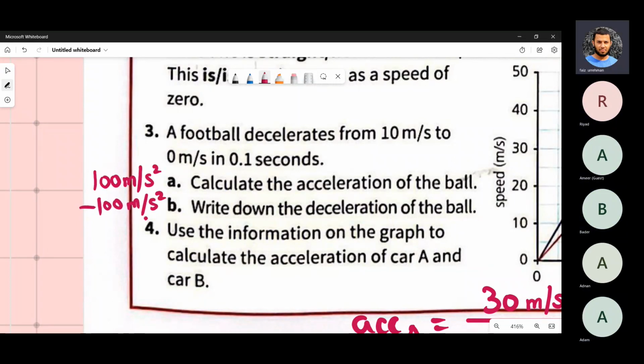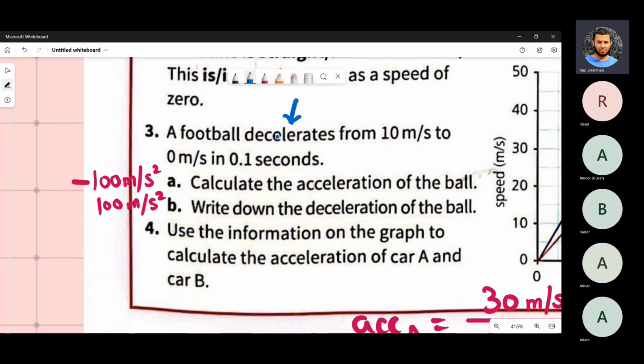The answer is 100, but the issue is acceleration is the opposite of deceleration, correct? In this question, what is actually happening? Deceleration. So when you represent it in terms of acceleration, your first answer will be minus, and in the second one, positive.